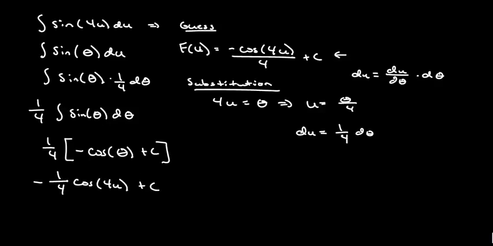Now you might say, well, shouldn't it be 1/4 c? Well, you can write 1/4 c if you want to, but it's still just a constant at the end, so it doesn't matter. And if we go ahead and distribute that in, we can write this as negative cosine 4u over 4 plus c. That is our antiderivative. And it gives us the same thing here.